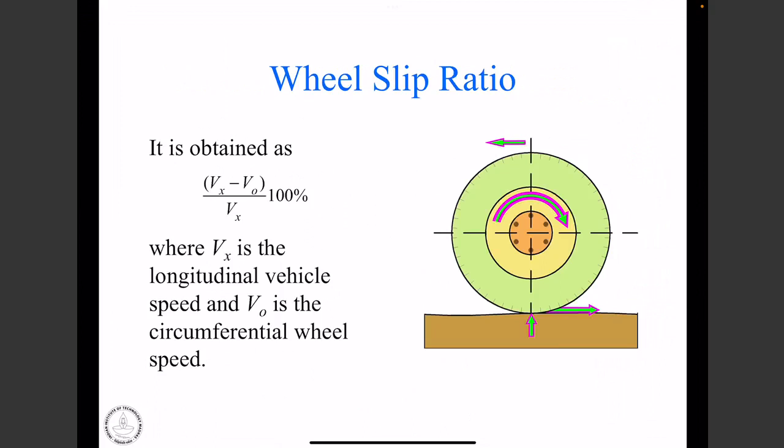This was Vx, and this was lambda, and we saw that lambda goes from 0 to 1 during braking. Lambda equals 0 corresponds to a pure rolling wheel when Vx is equal to V0, and lambda equals 1 corresponds to a locked wheel when V0 becomes 0, but Vx is not 0.